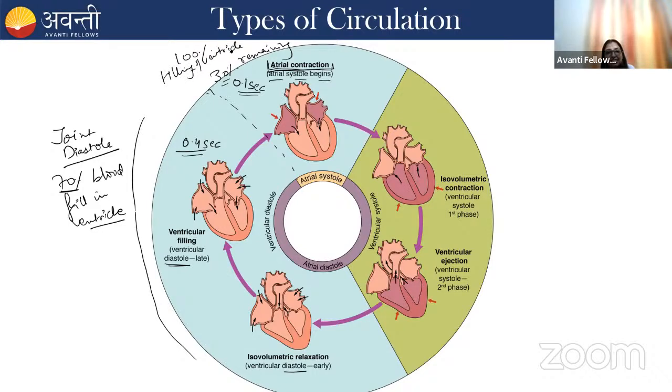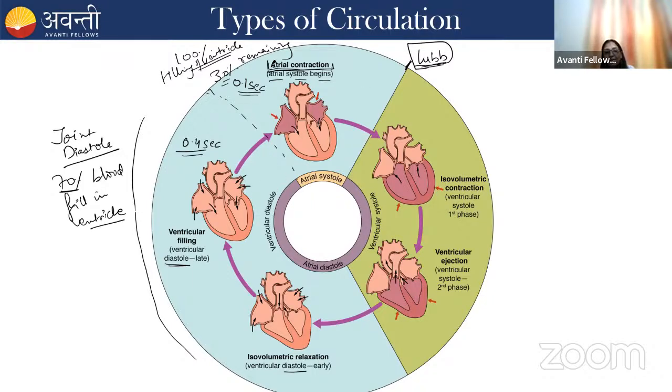At this point, between the atrial contraction and the ventricle contraction, the sound lub is produced. The first sound which comes out is lub.